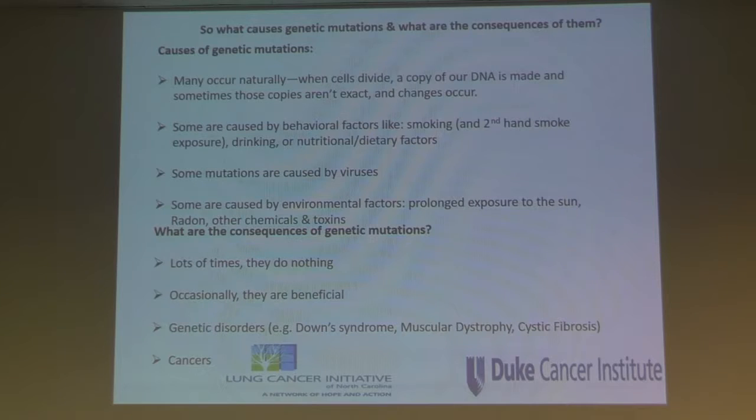More often than not, they are actually pretty innocuous, but sometimes they do lead to diseases. But they can be caused by different behavioral factors like smoking and secondhand smoking, excess drinking, and also nutritional and dietary factors. And some mutations can be caused by certain viruses. And then, of course, you have your environmental factors as well.